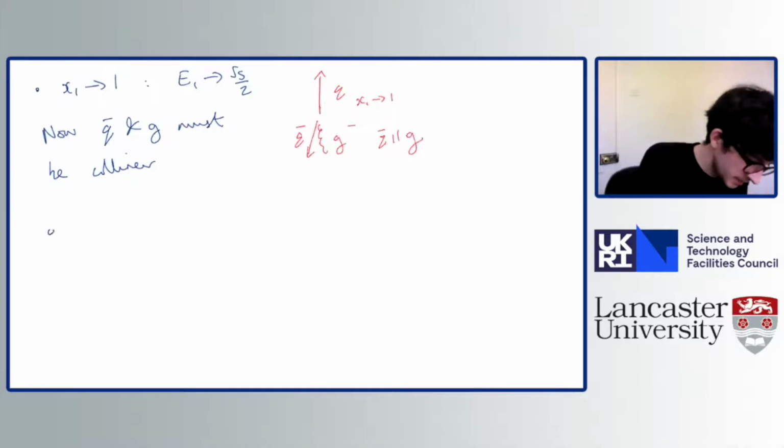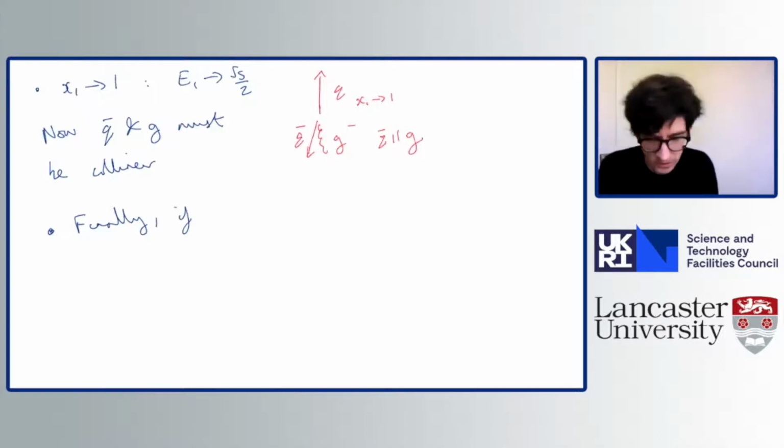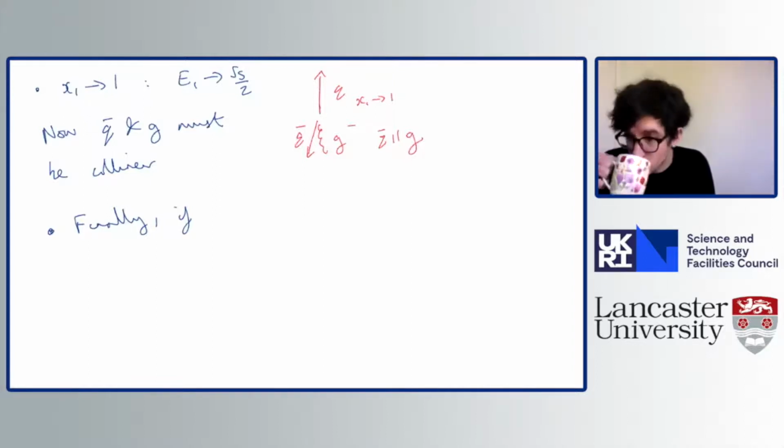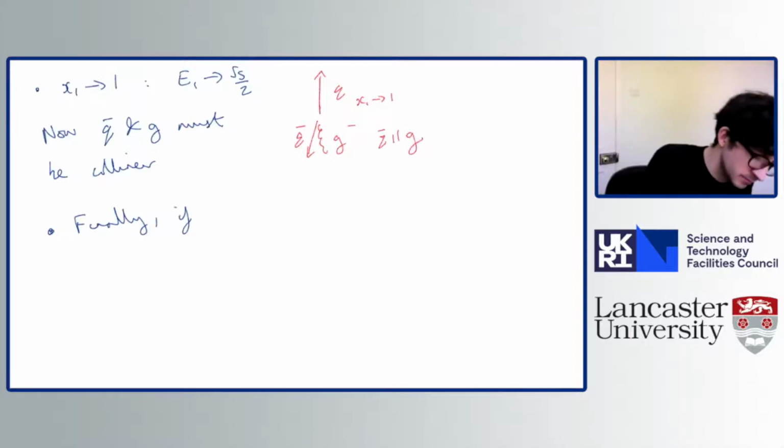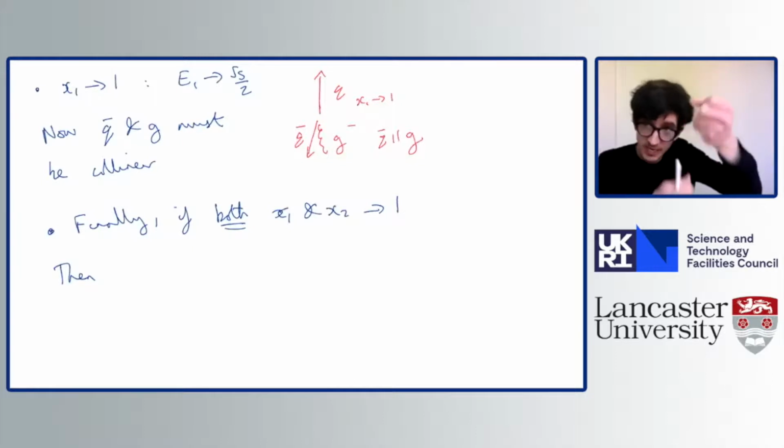So finally, there is one final thing, which is, what if both x1 and x2 go to 1? At the moment, I've just said one of them individually. Is there a way we can allow both of them to go to 1? There is. If both x1 and x2 go to 1, then now the quark and the antiquark really are just back to back with root s over 2, just like in a two-body scatter.